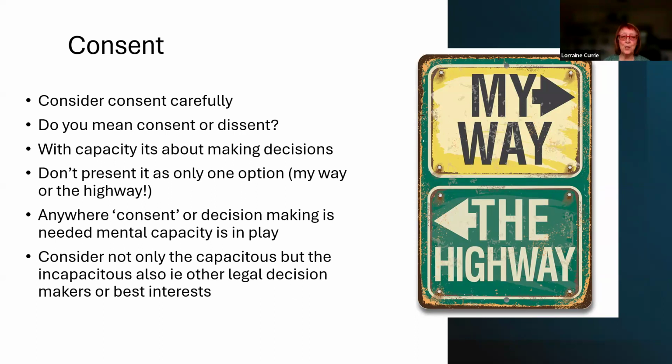What I mean by that is somebody who has LPA for finance, or LPA for care decisions, or is a deputy for finance, or a deputy for health and welfare decisions. So there is a middle step: the person with capacity, the legally appointed decision maker, or best interest decisions.